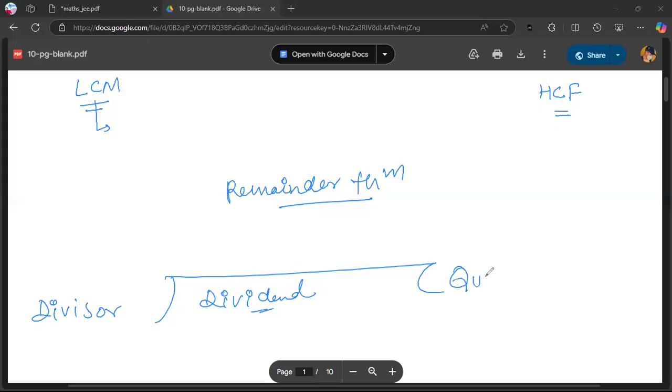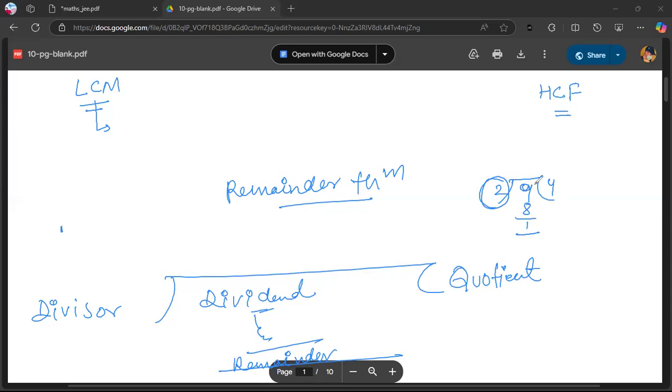That's how you can remember it if you have difficulty like me. And whatever remains will be known as the remainder. Okay. Understood? Yes, sir.